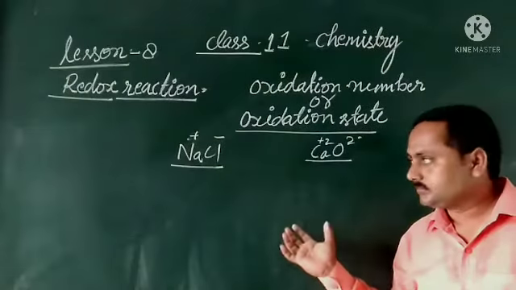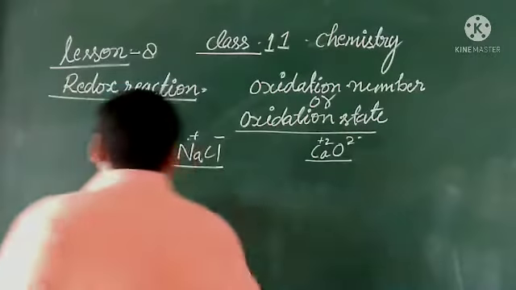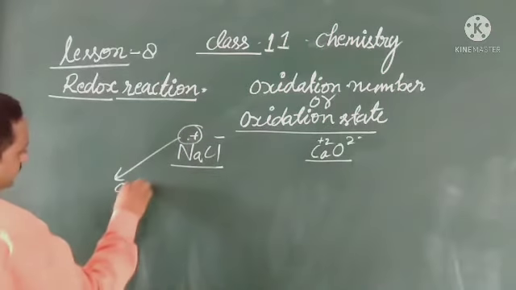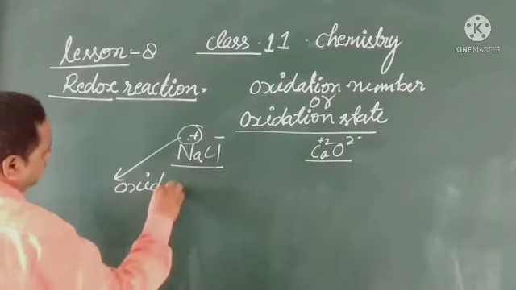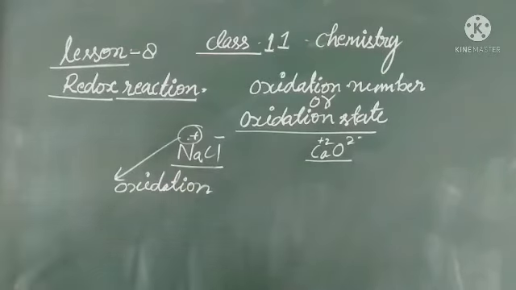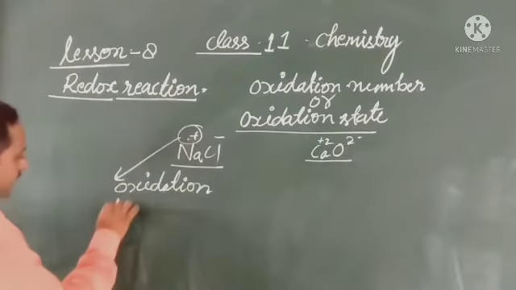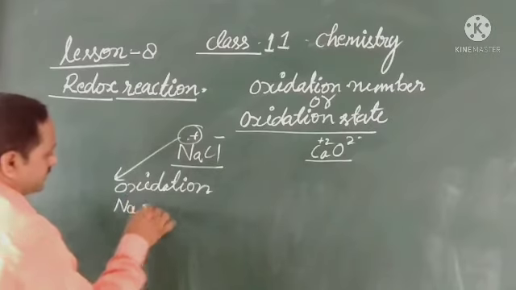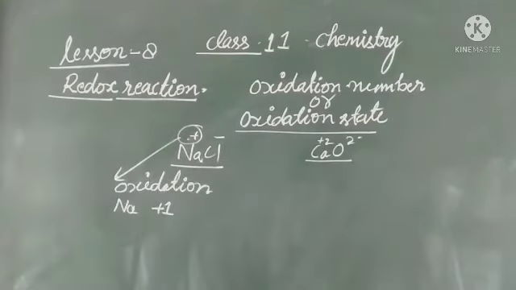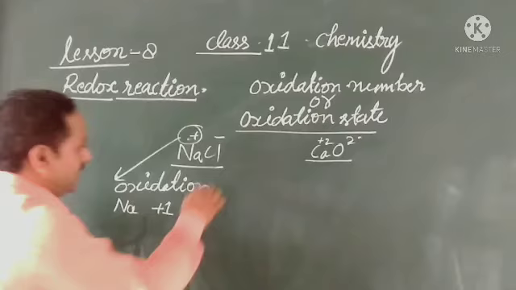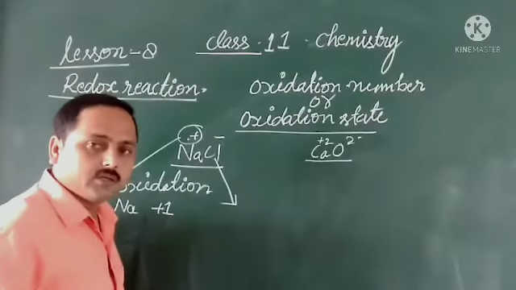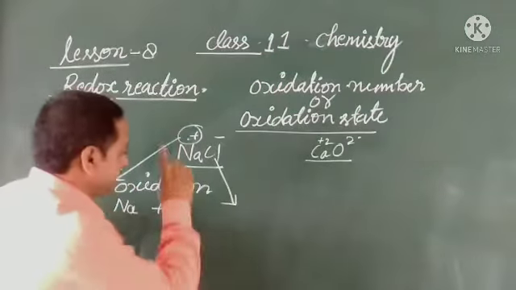This charge is known as oxidation state. So the oxidation state of Na is plus 1. Then what is the charge on Cl? I think you will say negative charge. How much negative? 1.